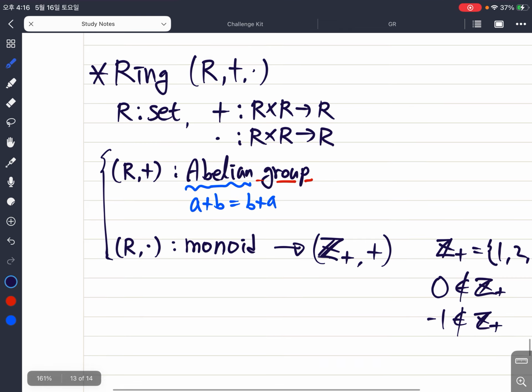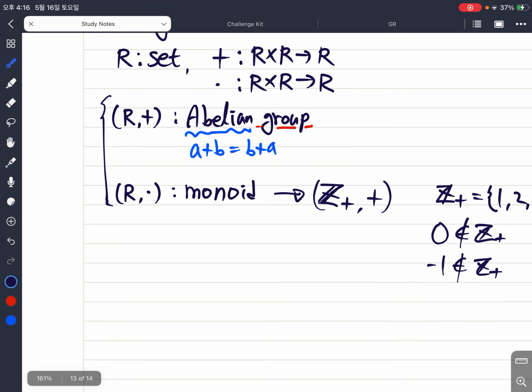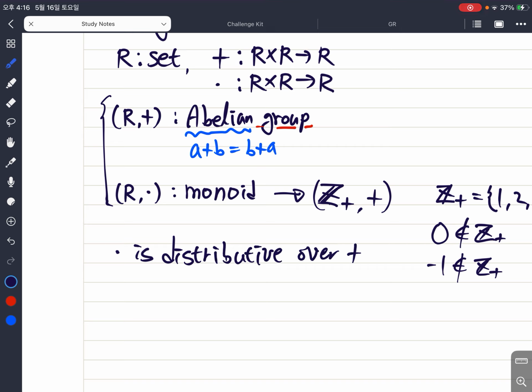But you also have a relation between plus and dot. So we say dot and plus are distributive. More correctly, dot is distributive over plus.